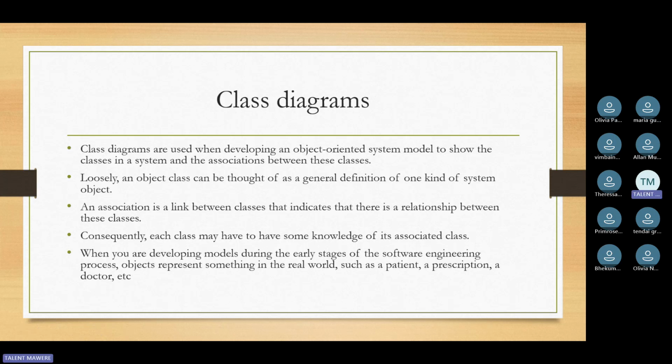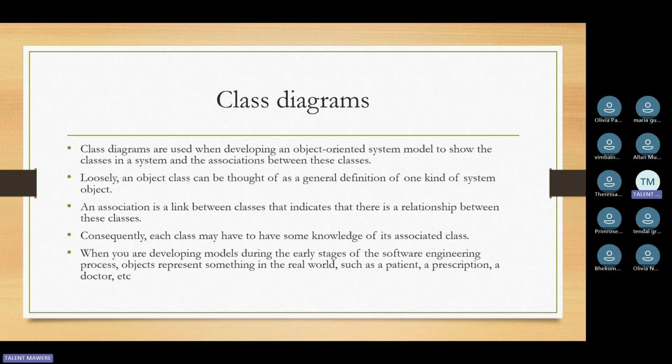So class diagrams are used when developing an object-oriented system to model and show how classes in a system are related to one another, the associations between different classes in a system. So what's a class?